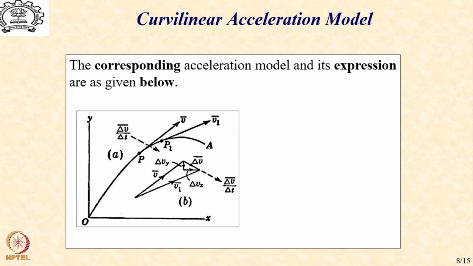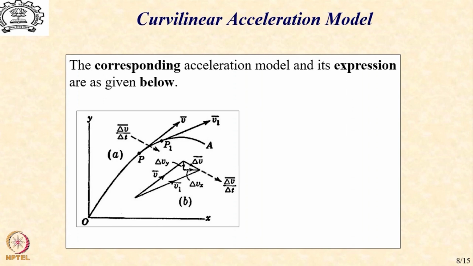Now, the only way this rotation can be achieved is to introduce a velocity component which is normal to v bar at P, so that at P1 the velocity vector will become v1, and this can be done through a simple velocity triangle that is shown below. So there are two velocity components, delta vx and delta vy.